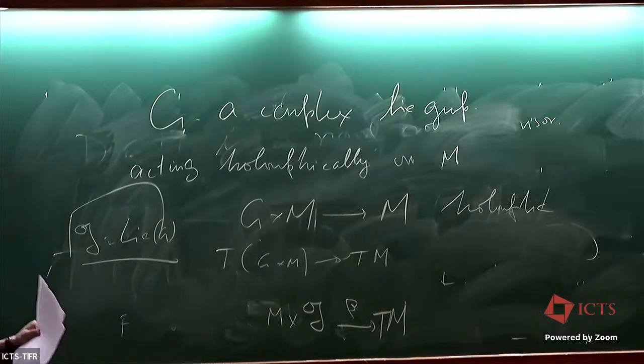So he had a classification of holomorphic equivariant vector bundles on smooth toric varieties, and you have the corresponding classification where, instead of vector bundles, you take principal bundles with reductive structure group. Okay, but let me not get into that.